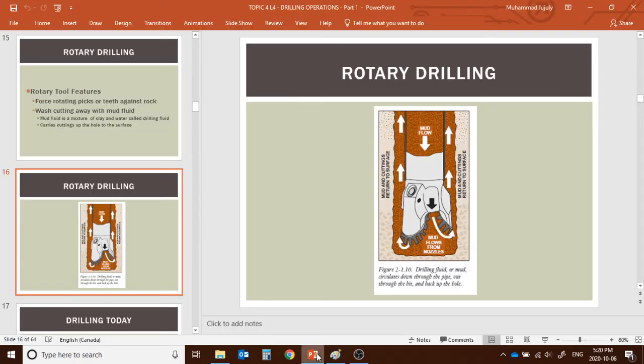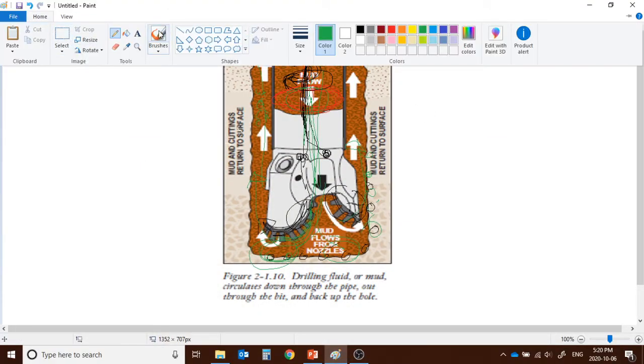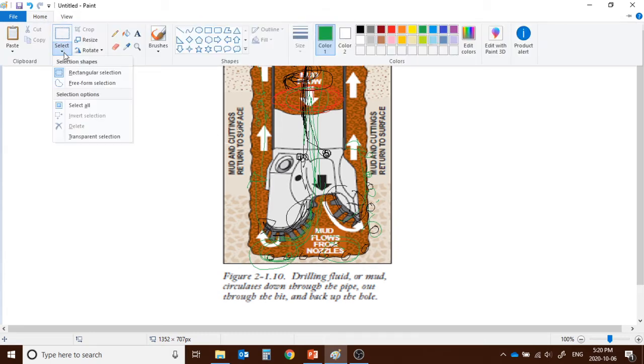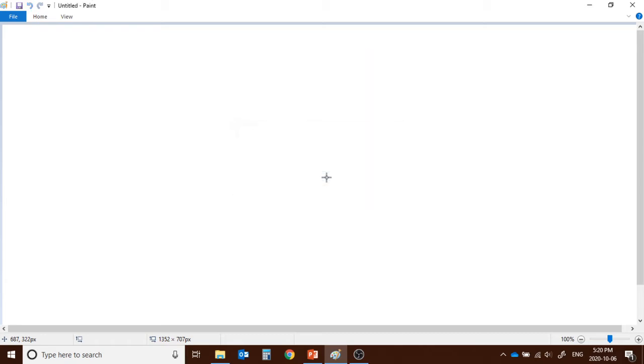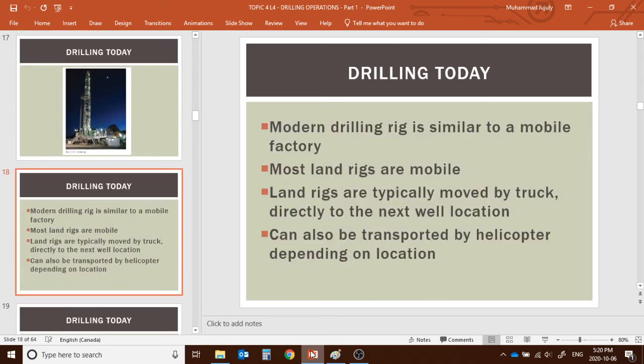So this is about the rotary, or rotating, drills. Just one second, sorry. All right, so this is how the rotary drills work. So this is the example of the drilling.